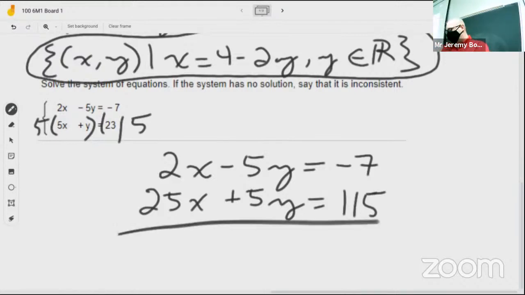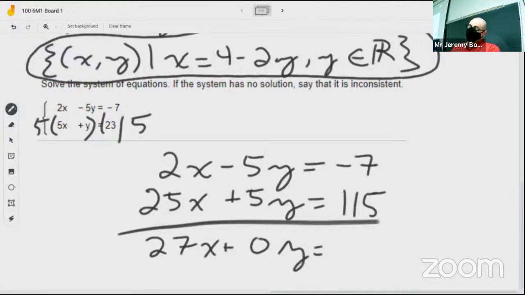And so we're going to add this up. We're going to get 27x plus 0y is equal to 108. And so we'll have a lot of room that way.